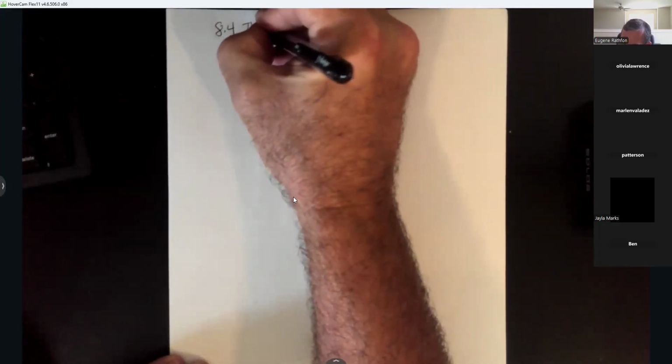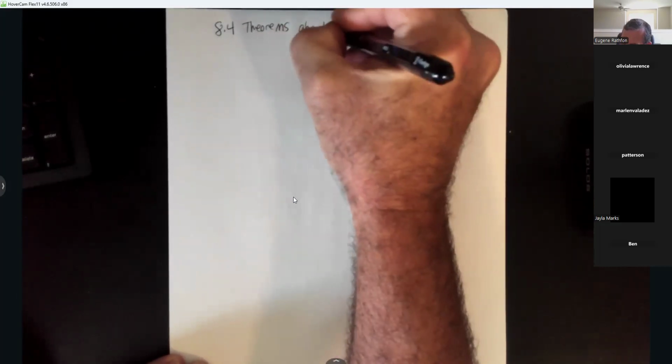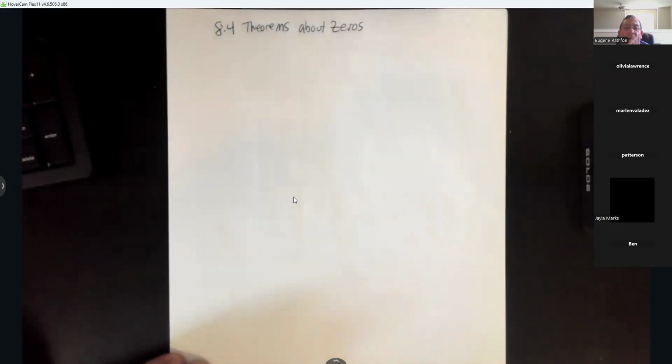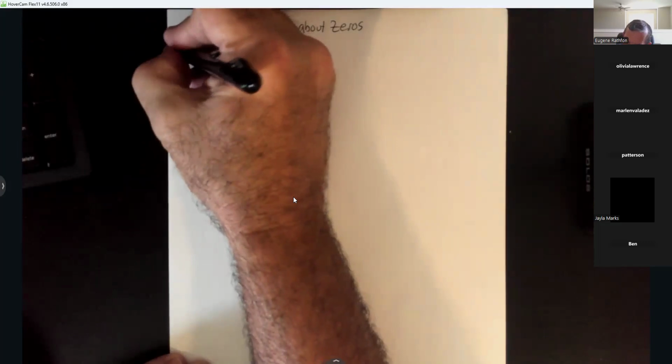Alrighty, y'all. So 8.4. If you're a little bit weak at foiling, you won't be after this section, okay? So this is 8.4, and it deals with theorems about zeros. Alrighty, y'all. So here we go.